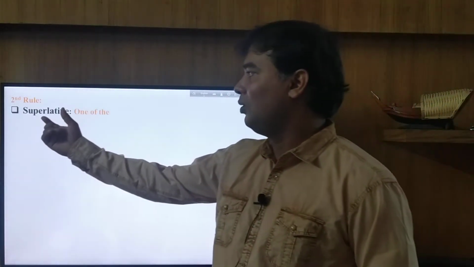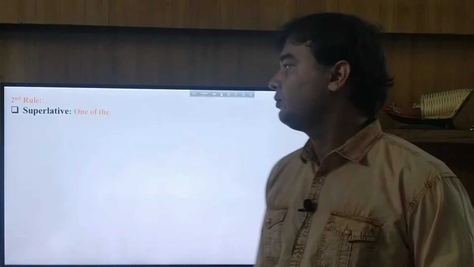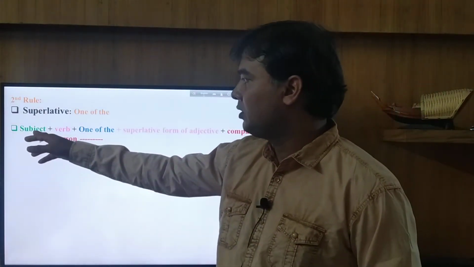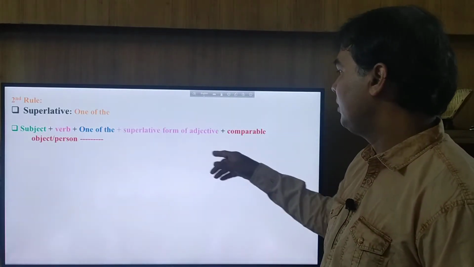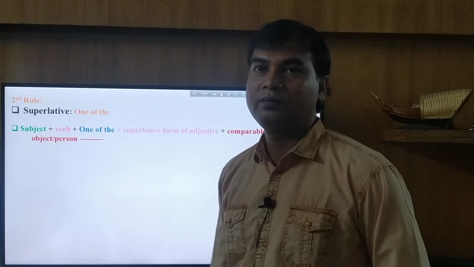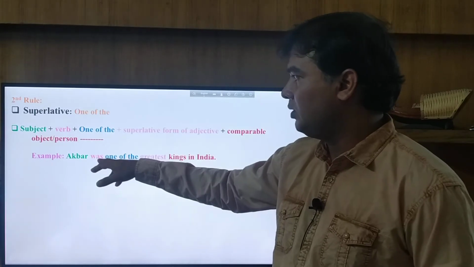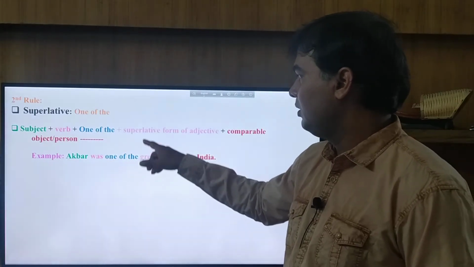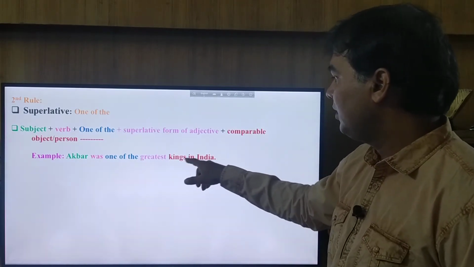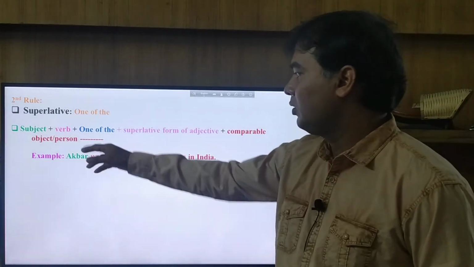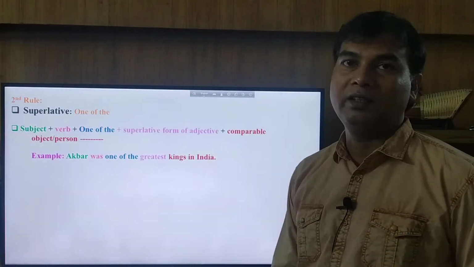Now, the second rule: if you find "one of the" in superlative form, then the basic structure would be subject, then verb, then "one of the", then superlative form of adjective, then comparable object or person. Here you see the example: Akbar, subject, verb was, one of the, then superlative form of adjective, greatest, then comparable object or person, kings in India. So, Akbar was one of the greatest kings in India.